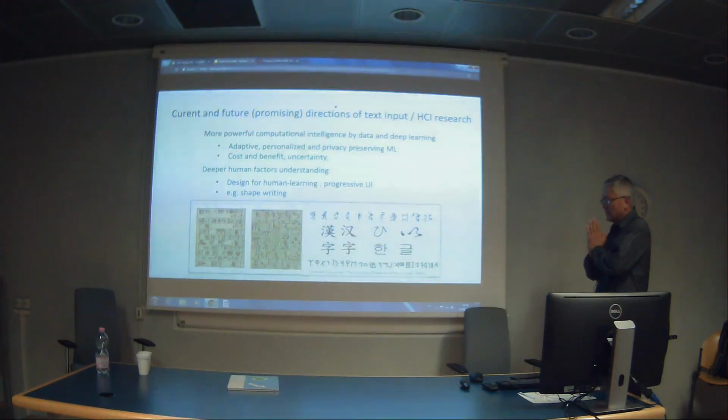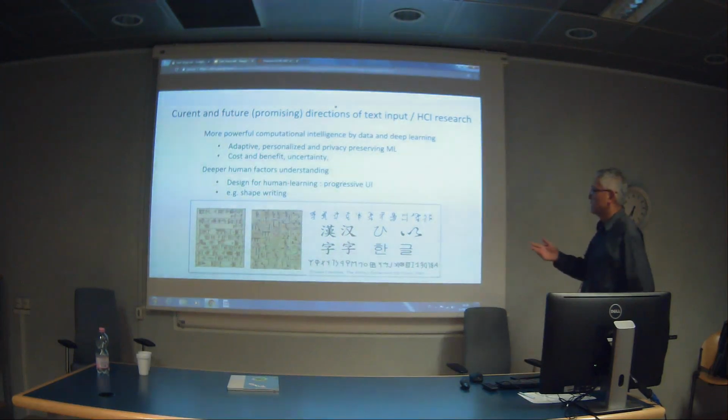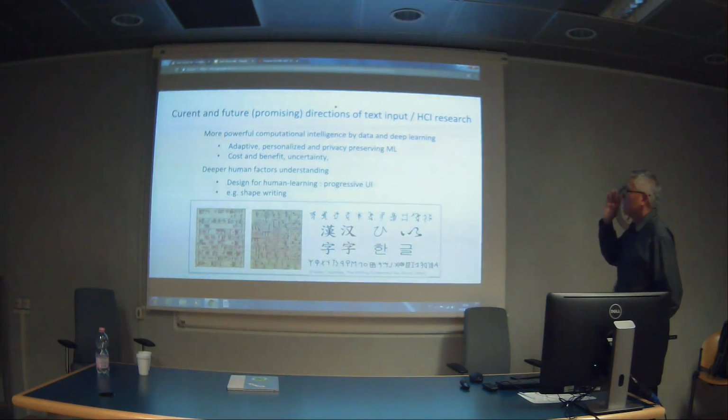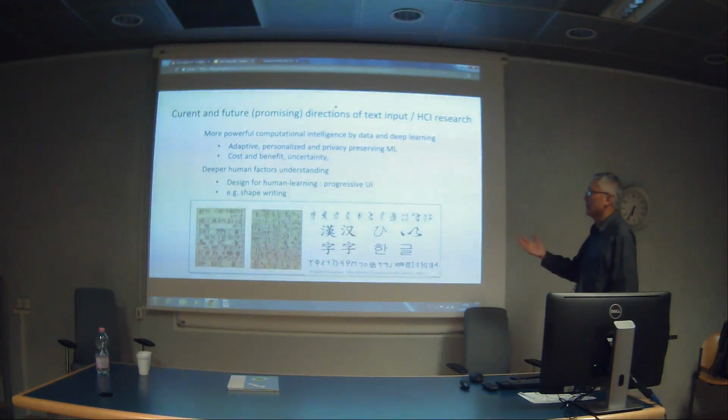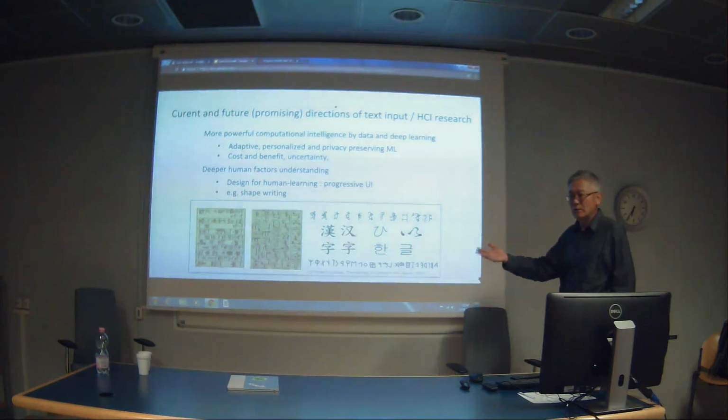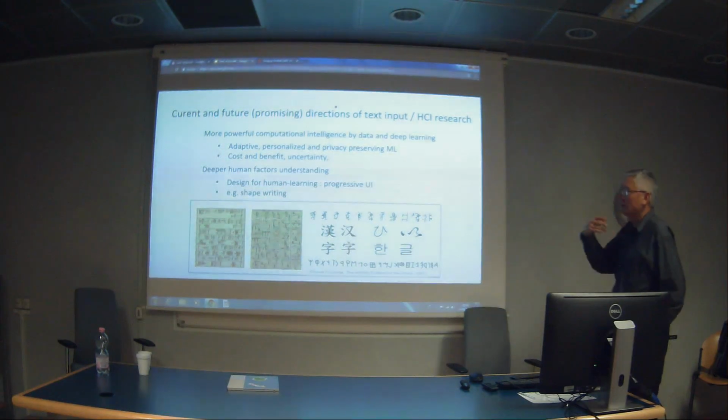I've talked about various aspects of text input, and there's a lot more behind the scenes that I won't have time to talk about today. But I would just summarize the current promising directions of text input, or HCI research in general, is that increasingly we move to computational intelligence, powered by data and deep learning, to either relax the requirement on the part of the user's action, or to provide long span predictions.